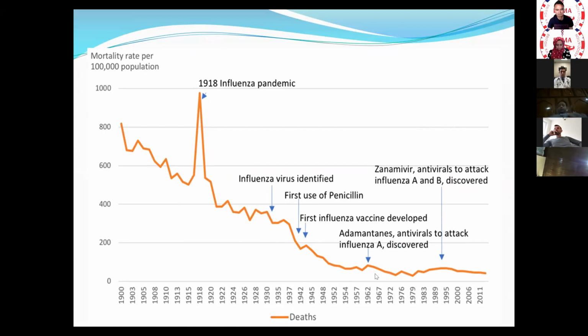And these flames could be doused down to 50 mortality per 100,000. Although then the rise again came, probably because of zanamivir and oseltamivir resistance and other things. But my point is that the influenza vaccine and the antivirals together made life very easy for the clinicians. At present, just 2% of the world population is vaccinated, and we don't have an effective antiviral. So we are not damping and dousing the flames.